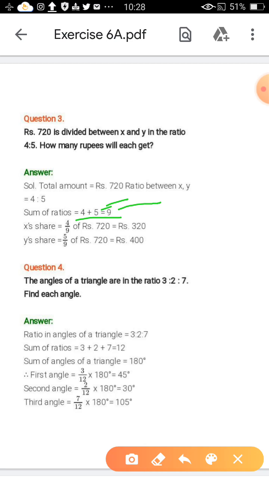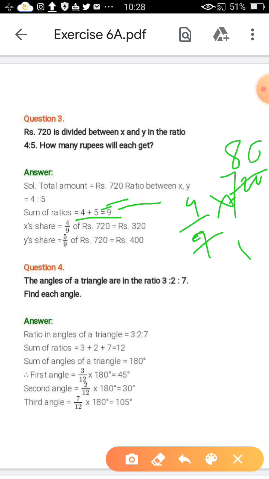So 4 upon 9 of how much amount we have to share, which will be 720. 4 upon 9 multiply by 720. 9 ones are 9, 9 eights are 72. So 80 into 4, how much?